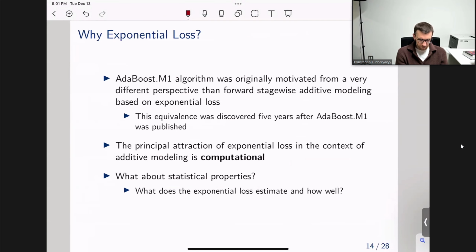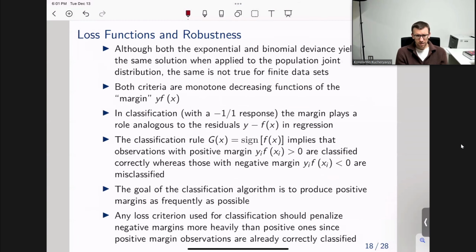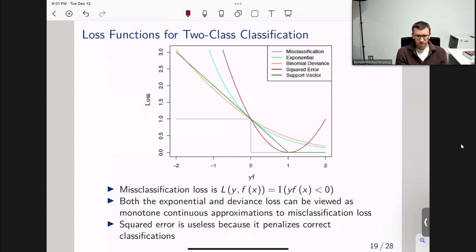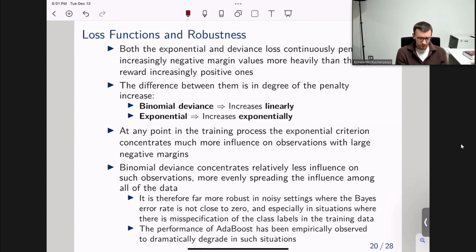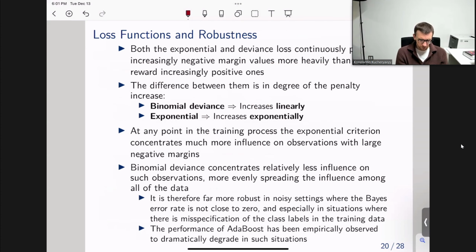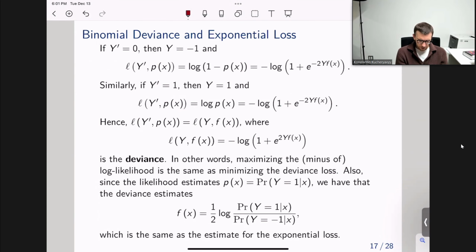So I skip this because this is a bit like advanced stuff, and you don't really have to know this. But I want to show you the binomial deviance, which is a better alternative to exponential loss. This is the loss function based on the binomial deviance.